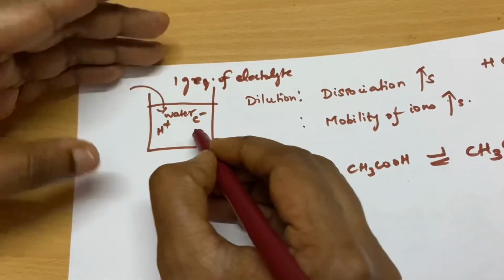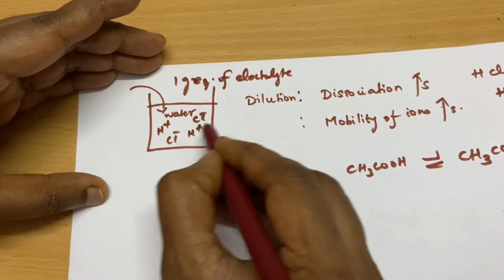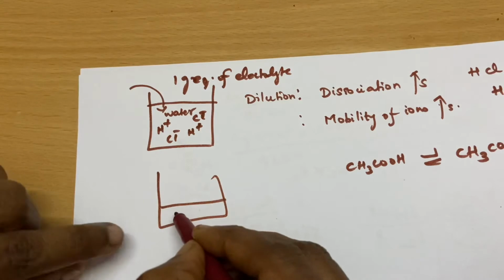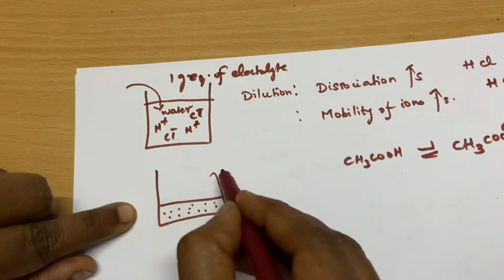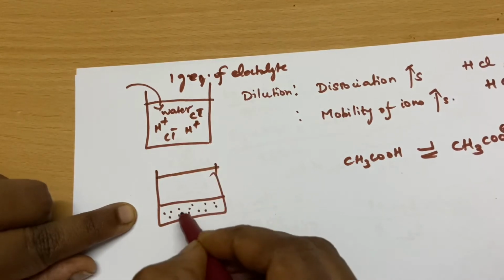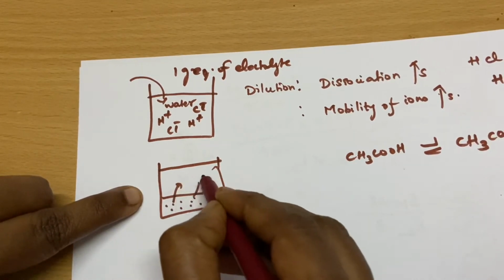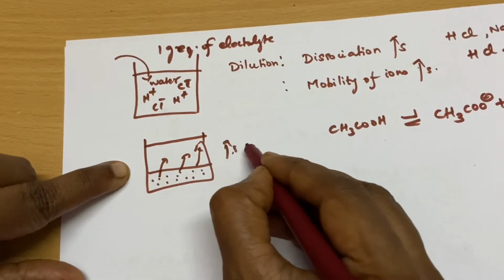The ions go far apart from each other, so they can move easily. Before, they were completely dissociated but very close to one another. On increasing the dilution, the ions get an opportunity to move far apart, so it increases the mobility.